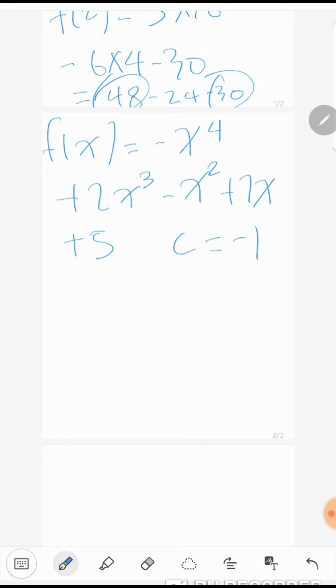So this time, in the same way, fourth power has negative 1, that's negative x, negative 1x. And then third power has 2. Second power has negative 1. And then first power has 7. And then the number itself is 5.